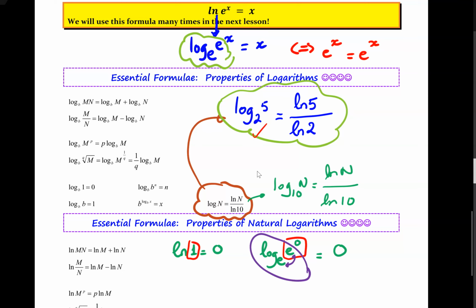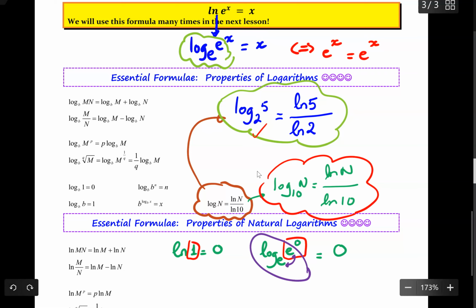So that is ln of 5, and as the denominator is ln of 2, the ln of your base. So if you ever want to calculate a logarithm with a base other than 10 and e, you can refer to this particular formula.